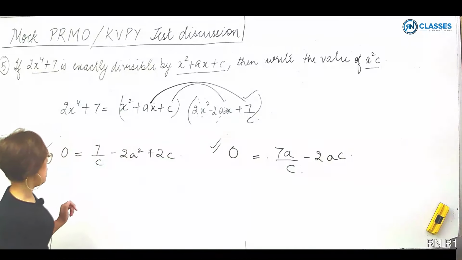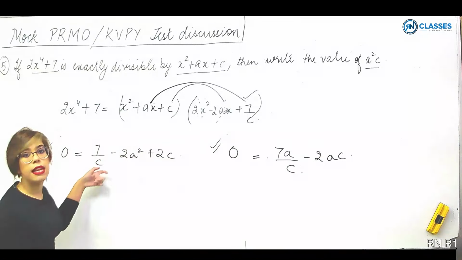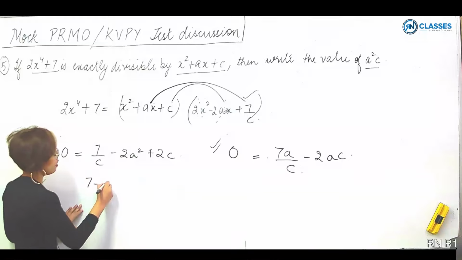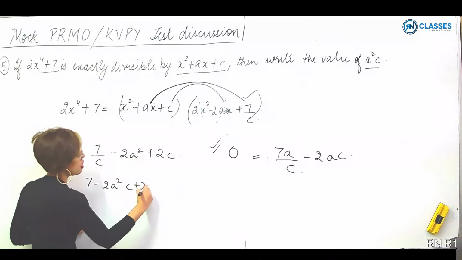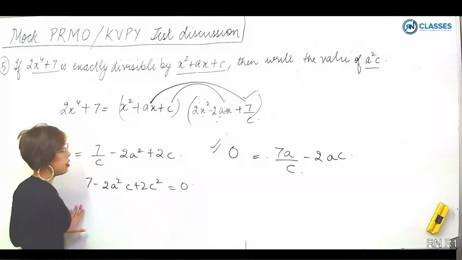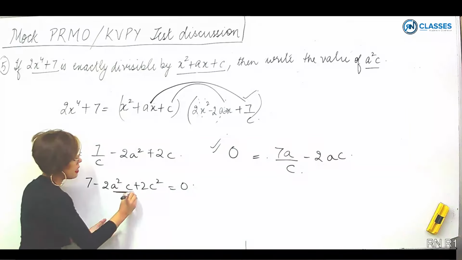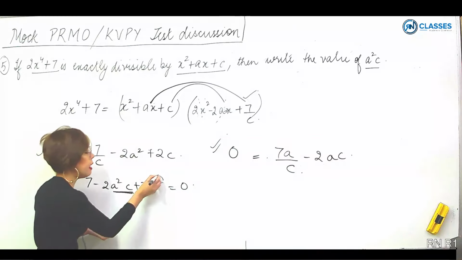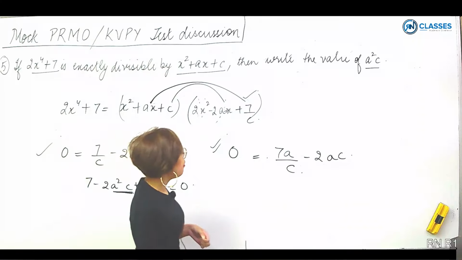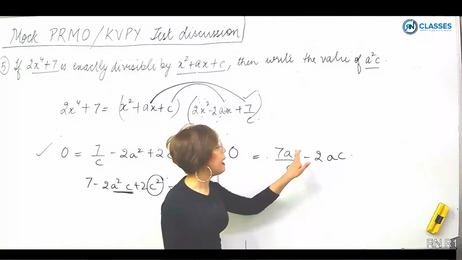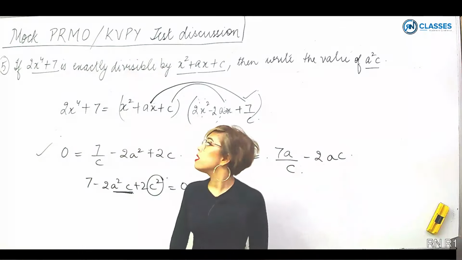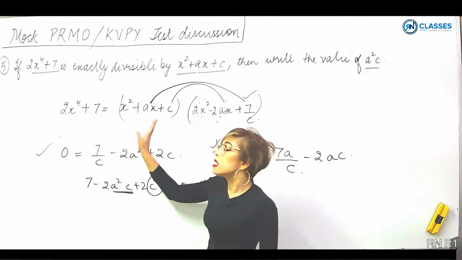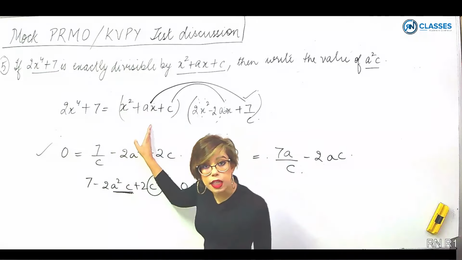Now mind it, as soon as I take the LCM here, I'll get 7 minus 2a square c plus 2c square, which is equal to 0. Right? A square c quantity is here. That means all I need to do is find the value of c square. Now, from here I can see that a cannot be equal to 0, because if a turns out to be 0, c will become an imaginary quantity. You can check that out.